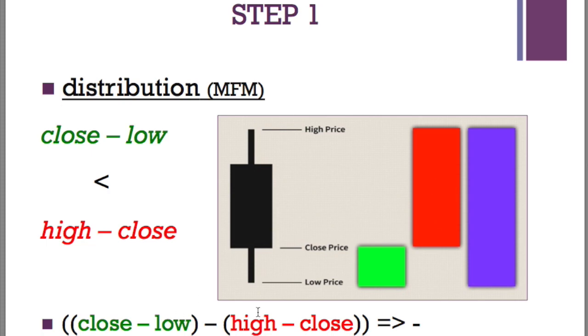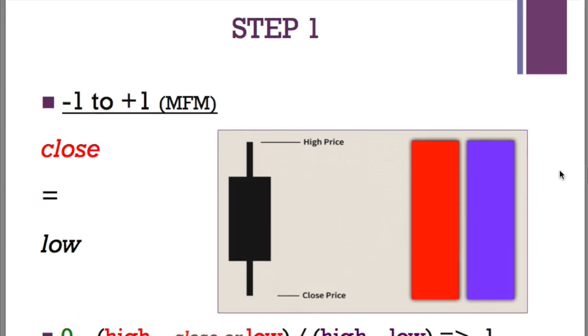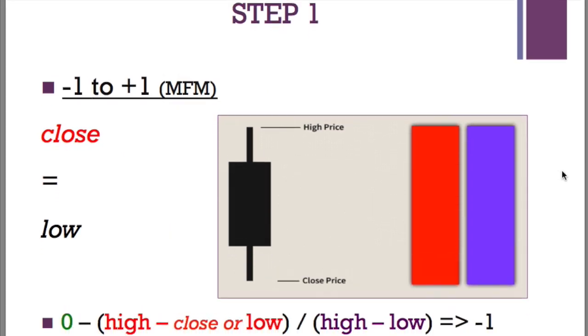So this minus this then will give a negative value because this is greater than this. Then we talk about the distribution, right? So now you understand the name of the indicator, the accumulation distribution line. So we can calculate the money flow multiplier, and this goes from -1 to +1.